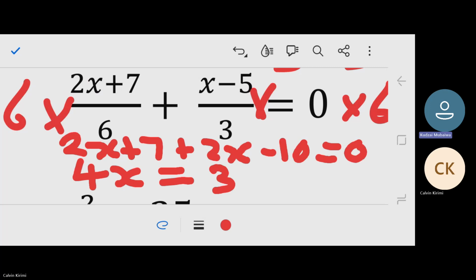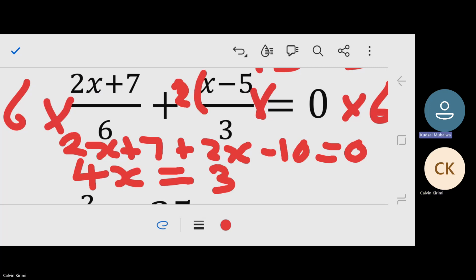No, sir. What happened? Where was the mistake? I multiplied the 6 with the 2x and the x minus 5. Yeah, but if you multiply by 6 here, 3 will go into 6, then there will be a 2, isn't it?